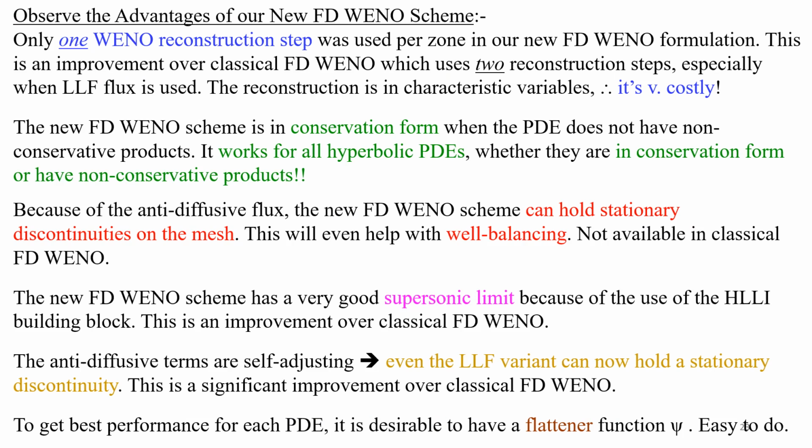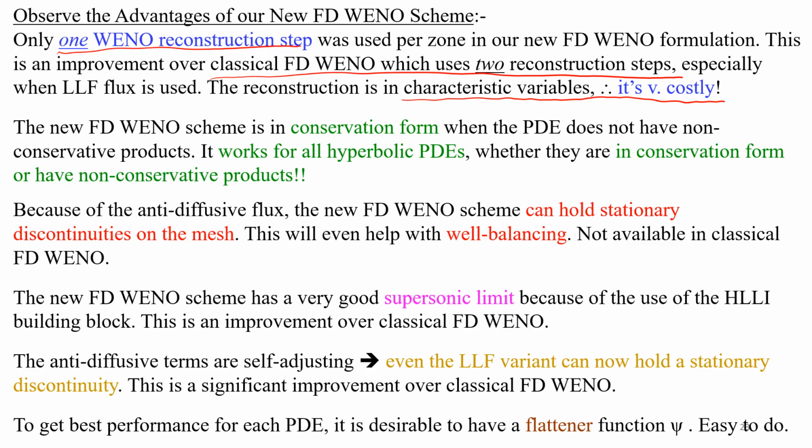Now, notice that you only require one WENO reconstruction step, which is a gigantic advantage over the classical finite difference WENO, which required 2 reconstruction steps. And this is because you're doing it in characteristic variables, so those reconstruction steps are rather expensive, and by reducing the number of reconstruction steps, we've actually reduced the cost of the numerical method.